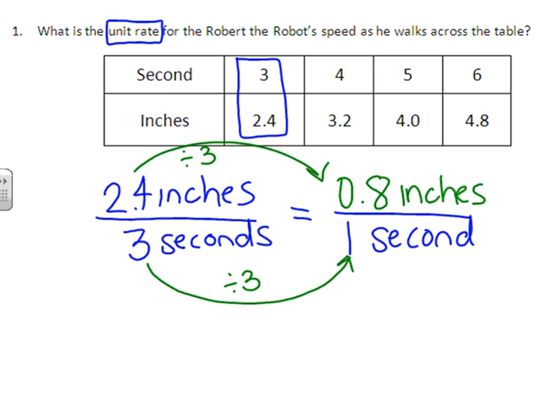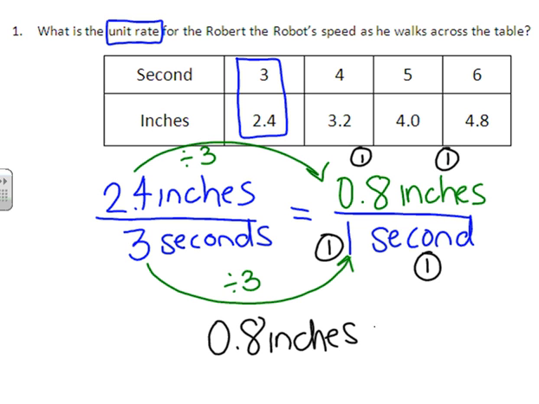You have to have 0.8, that's 1 point. Inches is 1 point. Seconds is 1 point. And 1 second is another point. You could also write that as 0.8 inches per second. Even though I don't have the number 1, it's implied because it says per second. So either one of those would be an appropriate way to write the unit rate.